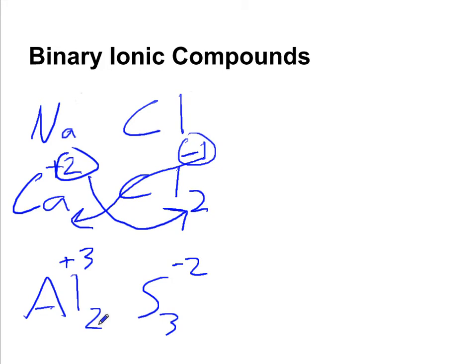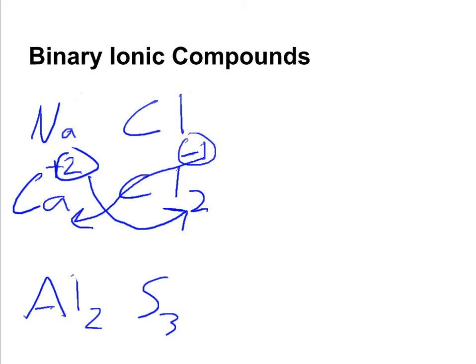This makes our compound neutral because we've got 2 aluminum ions, each with a charge of +3, so a total of +6. And we've got 3 sulfide ions, each with a charge of -2, for a total of -6. So +6 and -6 cancels out. So the important thing to remember is we're trying to make the charges neutral in ionic compounds.